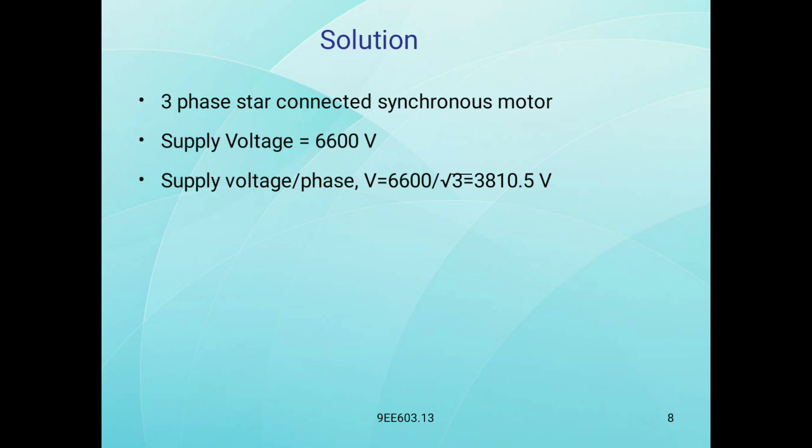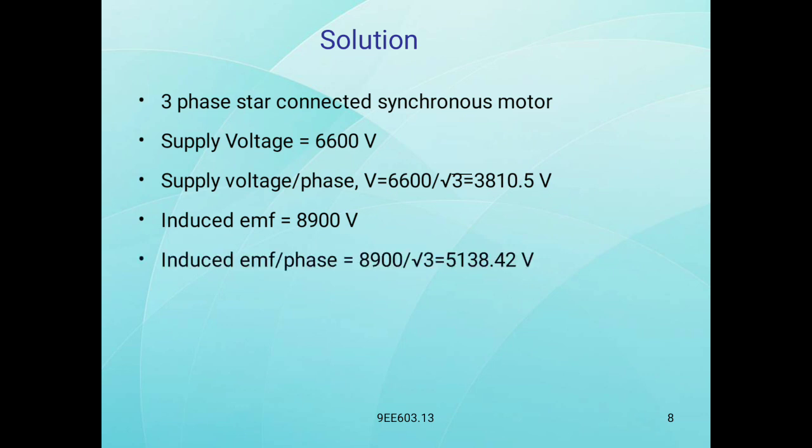Phase voltage is equal to line voltage by root 3, which gives 3810.5 volts. Now induced EMF is 8900 volts, and induced EMF per phase is 8900 by root 3, which gives 5138.42 volts.